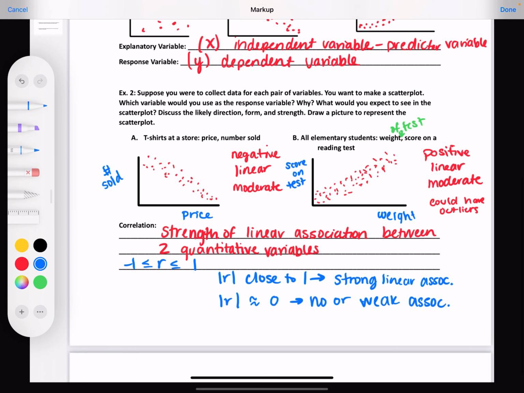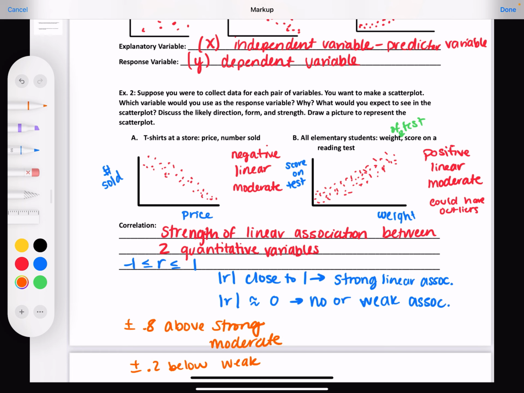And then I'm going to go ahead and put this here just for the purpose of our work. If it is plus or minus 0.8 or above, we would say it is strong. If it's plus or minus 0.2 or below, it's weak. And then anything in between is going to be moderate.